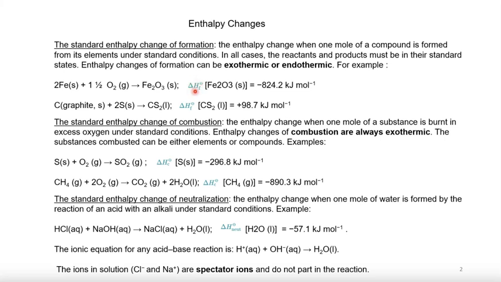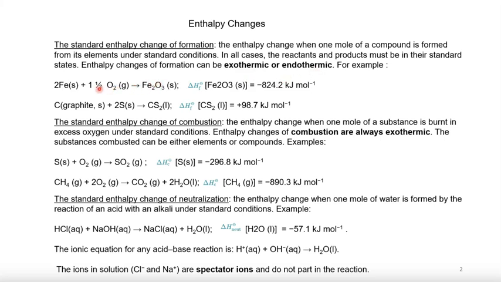This is the symbol for standard enthalpy change of formation. When we form compounds from its elements, the standard enthalpy change could be either negative or positive. That means it could be an exothermic or endothermic reaction.